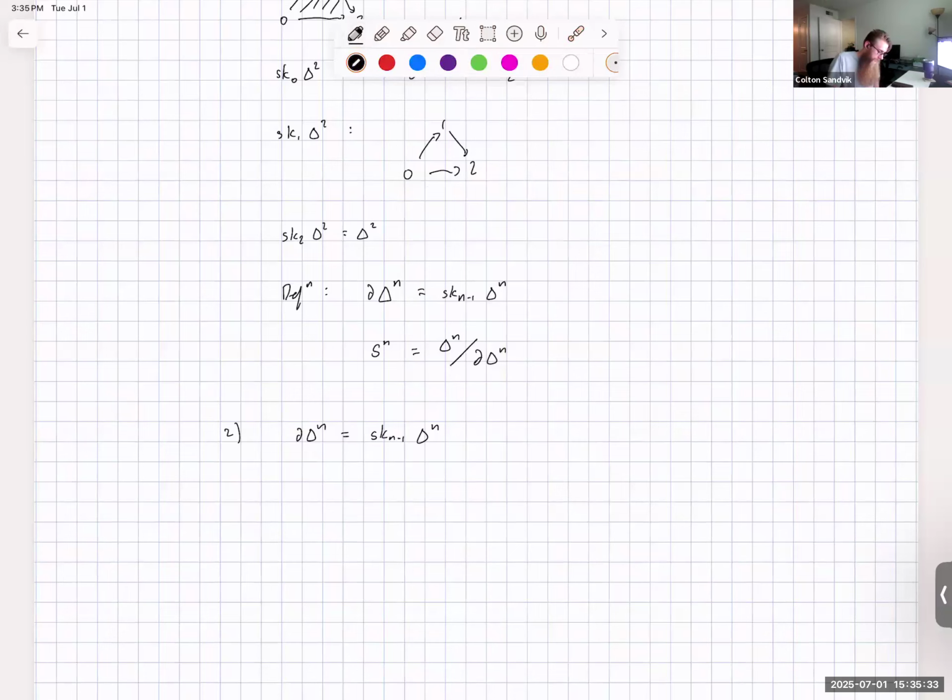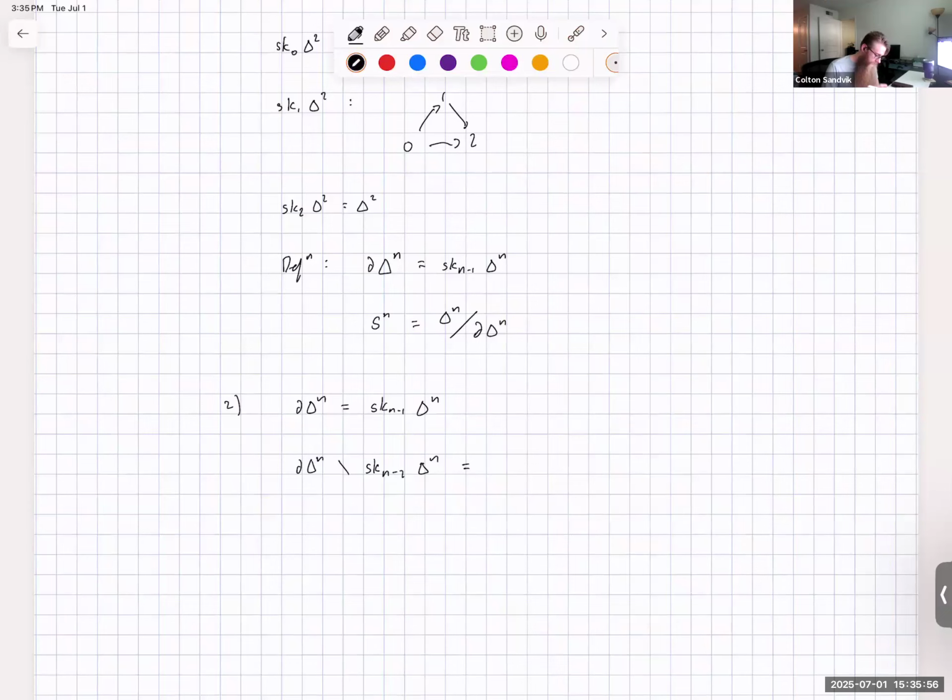three one simplices. And so what more generally happens is that if we look at the boundary and we remove the n minus two skeleton, then what we get, and I'm being a little haphazard about this, but I think this is morally correct, is a union of n plus one n minus one simplices.